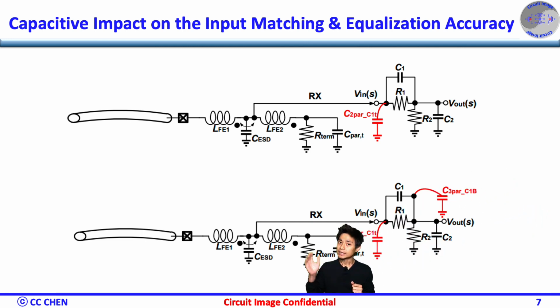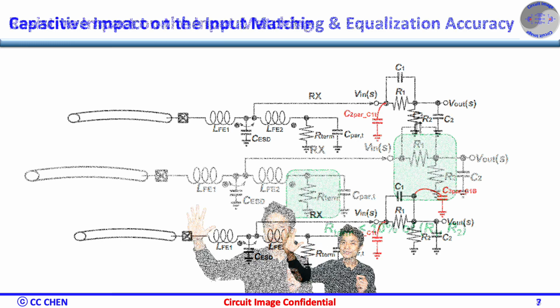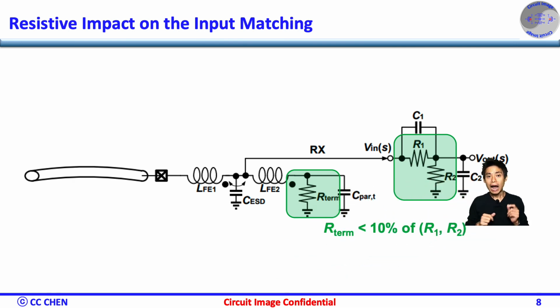After knowing the impact of the extra capacitance from the passive CTLE, think about the extra resistance image for 5 seconds. Right, if the R1 and R2 are too little, then the resistance will reduce the input impedance at low frequency, since it's in parallel with the termination resistor.